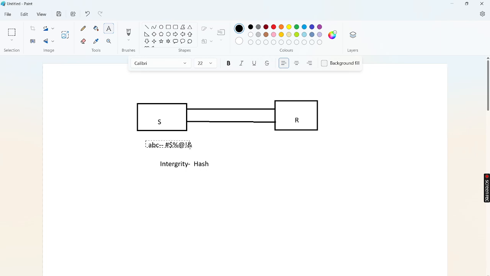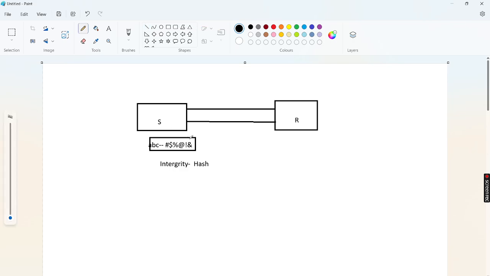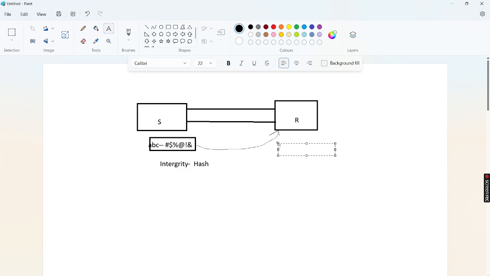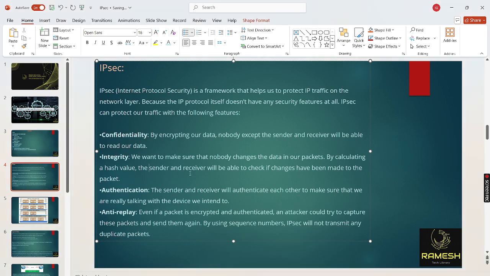It will be hashed and sent from the sender to the receiver, and whatever values we sent, the receiver must receive the same values. The receiver will decode this hash, convert it back to the original text ABC, and read it. So by hashing the values of the data it sends, integrity is achieved between the sender and receiver.